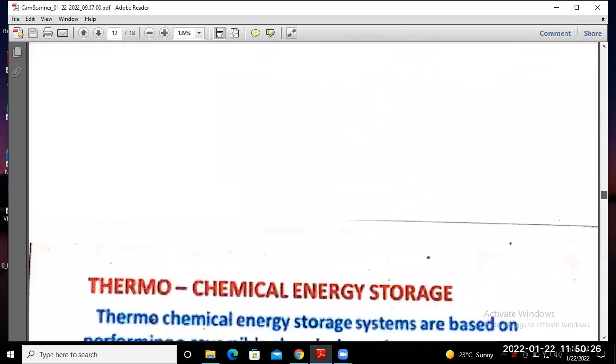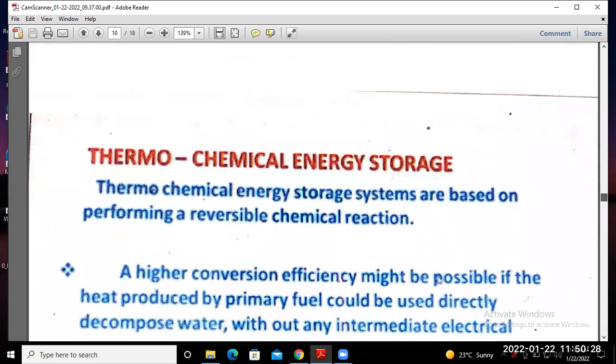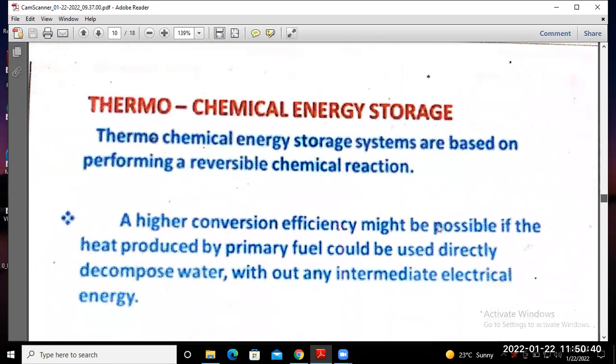And next, we look at thermochemical energy storage. What is thermochemical energy storage? The thermochemical energy storage system is based on performing a reversible chemical reaction.